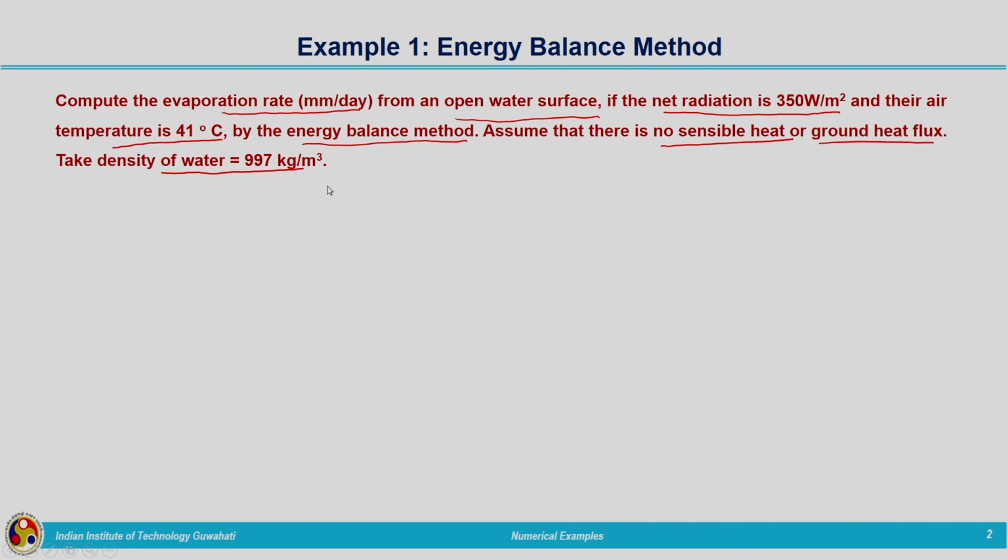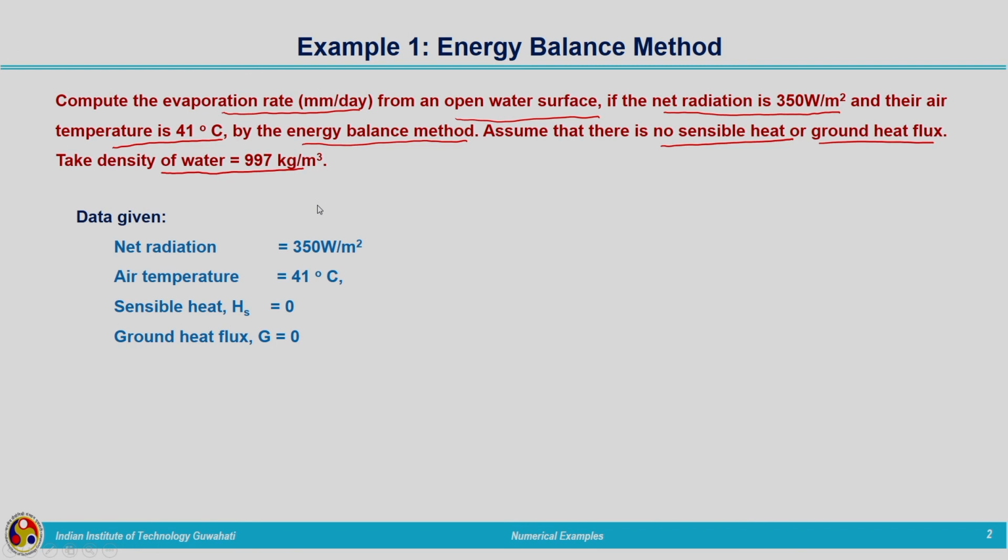So, the required data given are: net radiation 350 watts per meter square, air temperature 41 degrees Celsius. It is already mentioned in the question that sensible heat flux and the heat loss to the ground surface can be neglected.